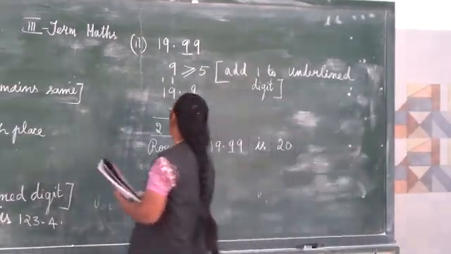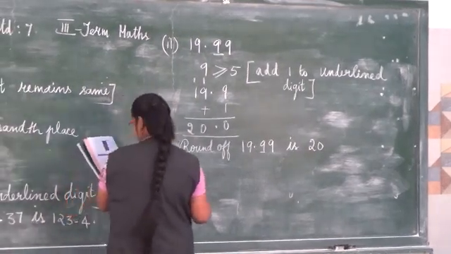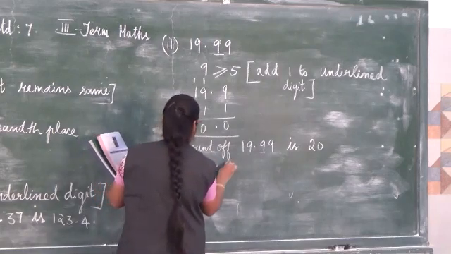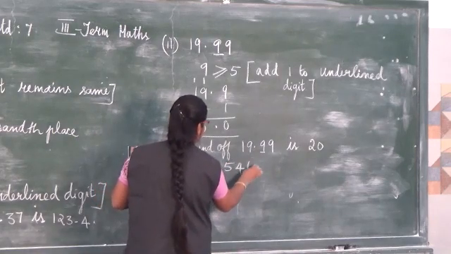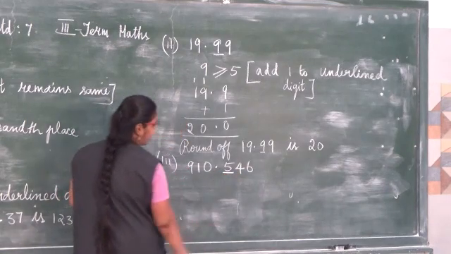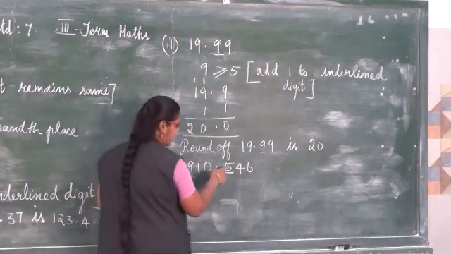Then the next one, third one, 910.546. We underline the 5, since after the decimal point we need only one digit.